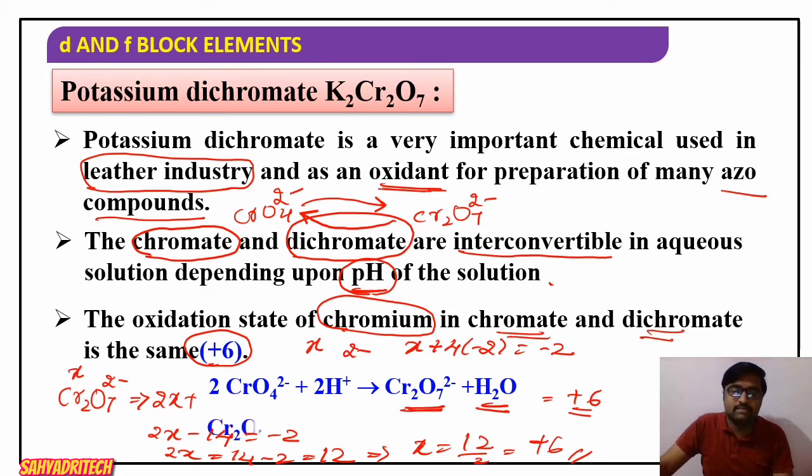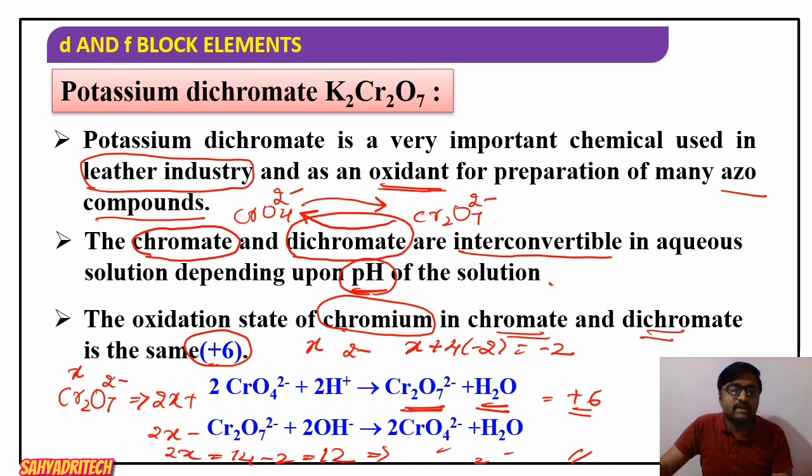On the other hand, dichromate ion in basic medium, when pH is greater than 7, or when treated with bases, Cr2O7 2 minus plus 2OH minus gives rise to 2CrO4 2 minus plus H2O. This is the interconversion of chromate and dichromate ion. In acidic medium, chromate is converted into dichromate. In basic medium, dichromate is converted into chromate.